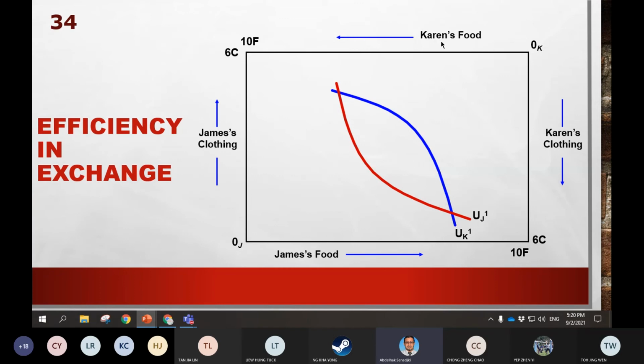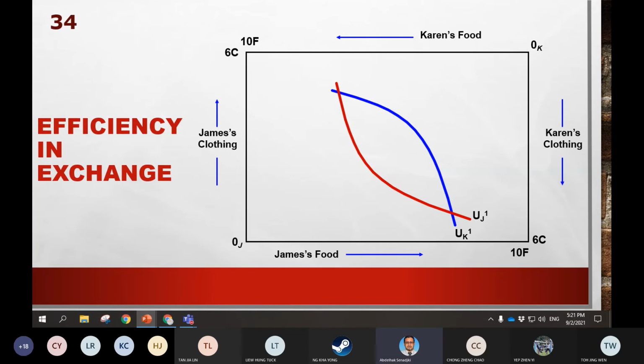But for Karen, we have rotated the indifference curve by 180 degrees, so that the origin is at the upper right hand corner of the box. Karen's indifference curve is also convex, just like James's. We simply put them in a different perspective.